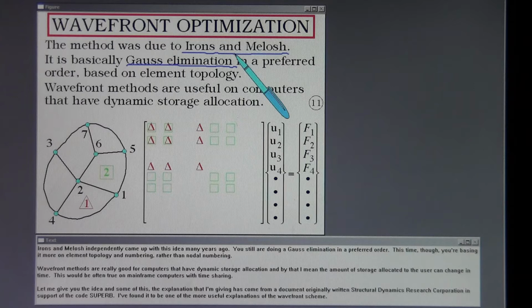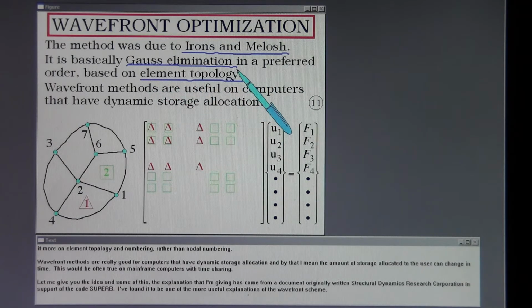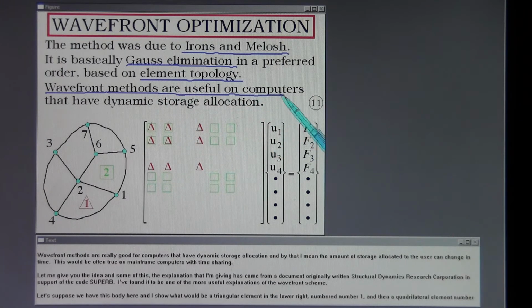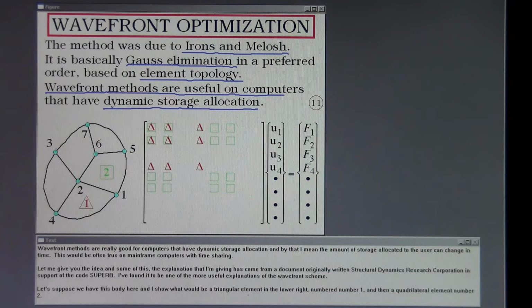This time, though, you're basing it more on element topology and numbering rather than nodal numbering. Wavefront methods are really good for computers that have dynamic storage allocation, and by that I mean the amount of storage allocated to the user can change in time. This would be often true on mainframe computers with time sharing.